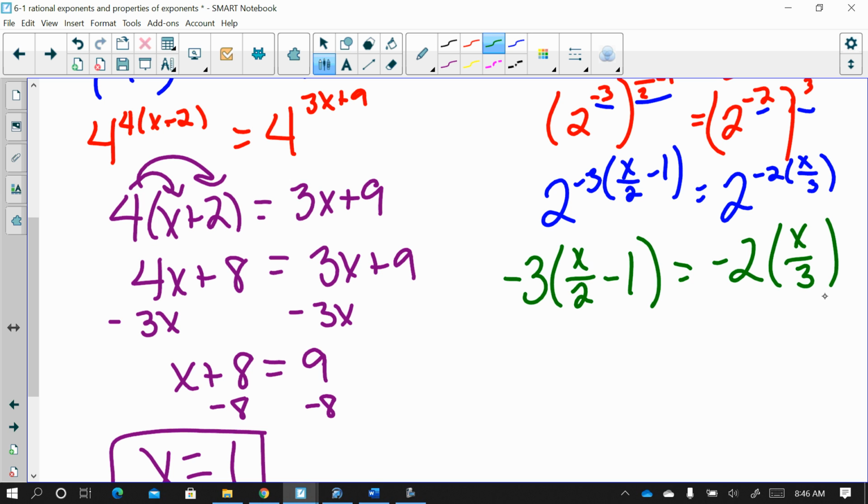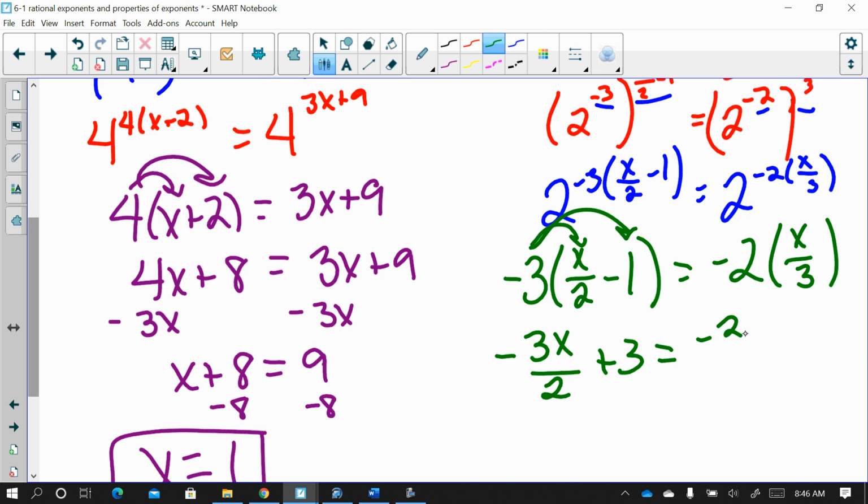Okay, so let's go ahead and solve. Distribute here. So negative 3x over 2. Negative 3 times negative 1 is a positive 3 equals negative 2x over 3. Remember, multiplying fractions, you just put it over 1 and multiply straight across. So I'm going to get all my x's on the same side. I'm going to get rid of this one. I'm going to add 3 over 2x.